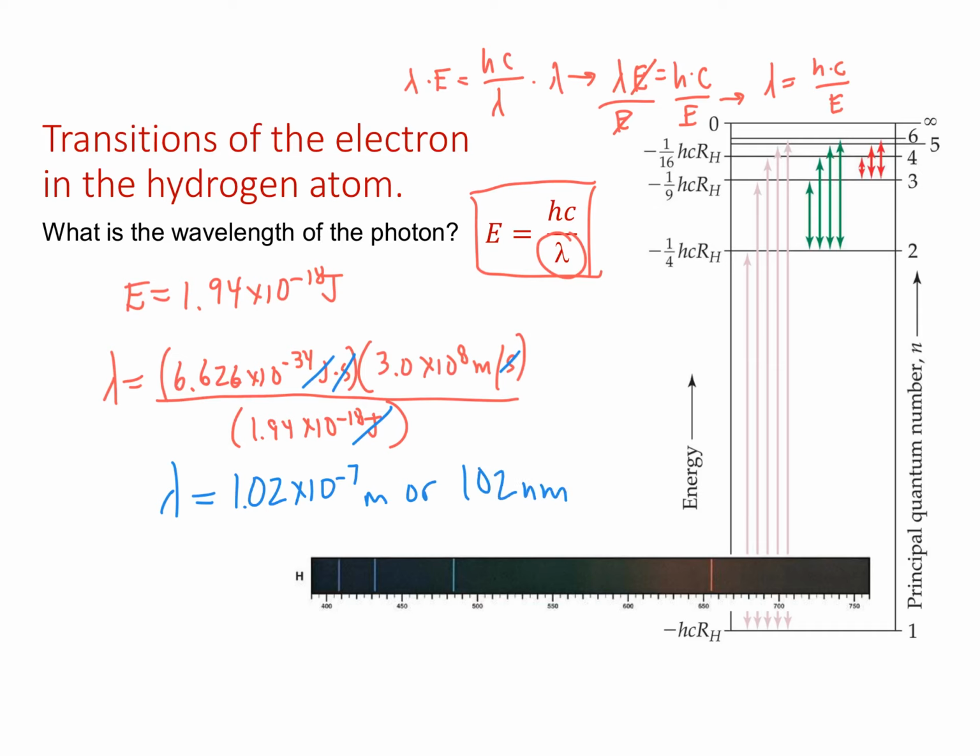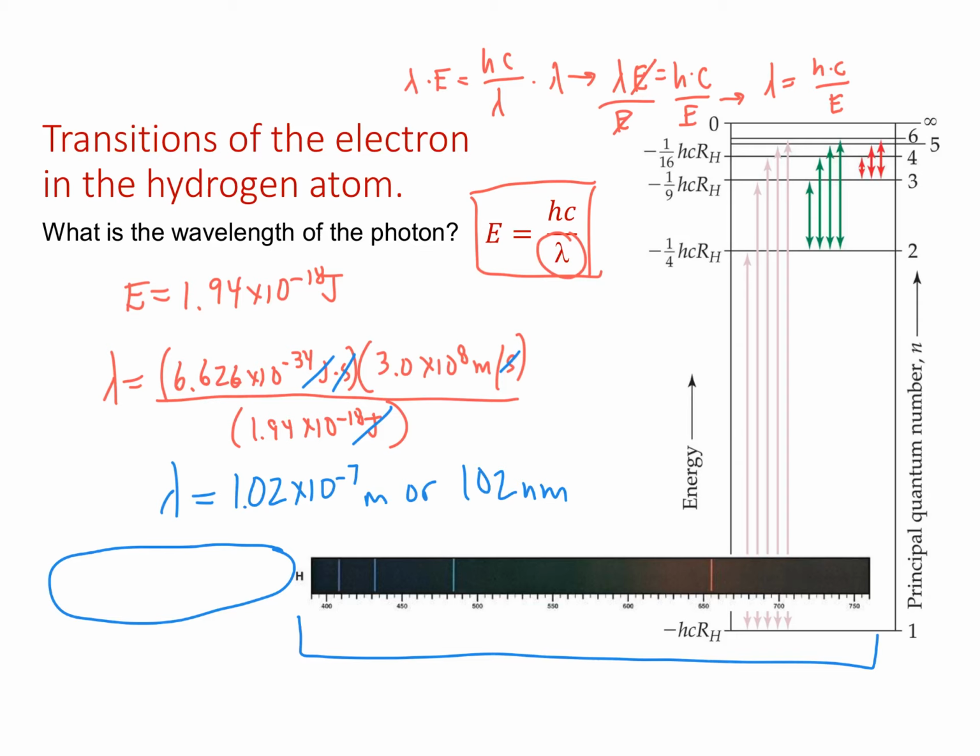And so that's kind of interesting, because if you look for the visible region, right, that doesn't show up in the visible region. There are transitions that occur that exist and release energy. They just happen to release an energy down in the UV region, an energy that we cannot see. So those transitions are occurring, but we cannot see them.